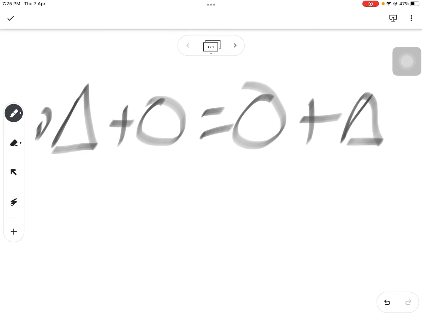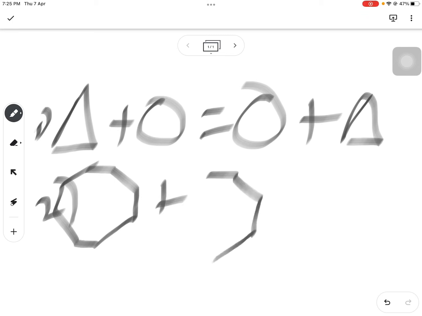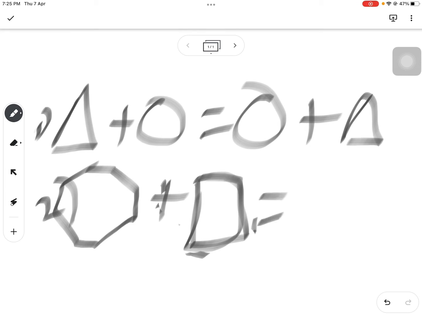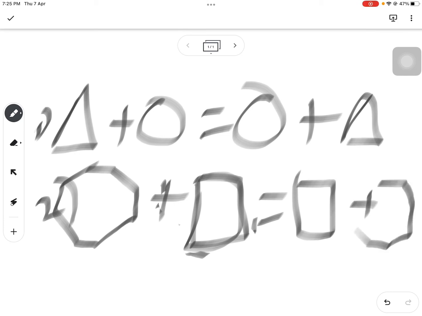And then we can again do it by 1, 2, 3, 4, 5, 6, 7, 8, an eightagon, I call it an eightagon, by a square will be a square by an eightagon. And so that was the commutative property.